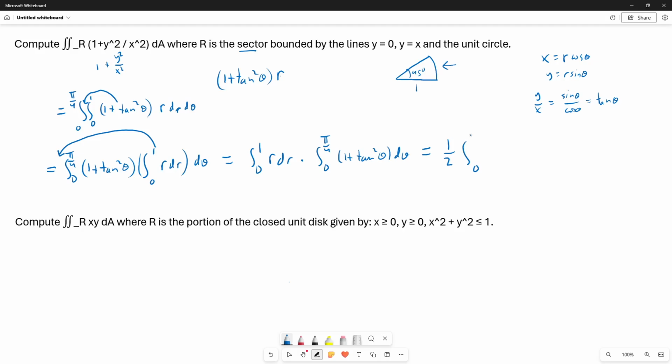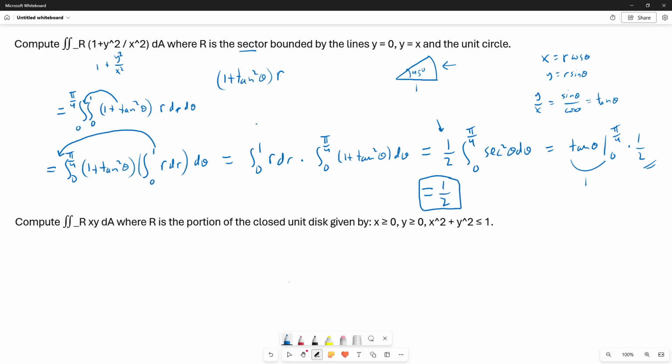And for the second integral, we have to use the identity: 1 plus tangent squared is secant squared, and then the antiderivative of secant squared is tangent. So we get tangent, and we have the 1/2 here as well, which I forgot to write, so I'll put it at the back. And the tangent of pi over 4 is 1, the tangent of 0 is 0, so this is just 1 times 1/2, which is 1/2.